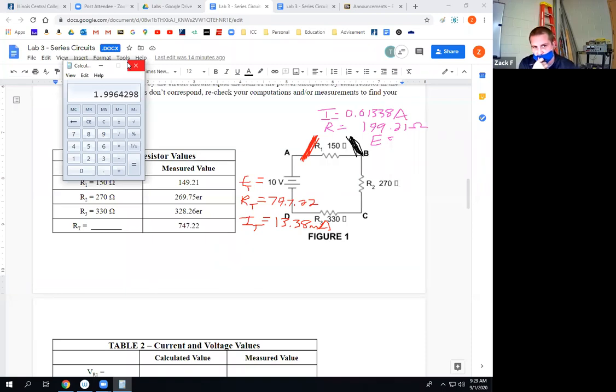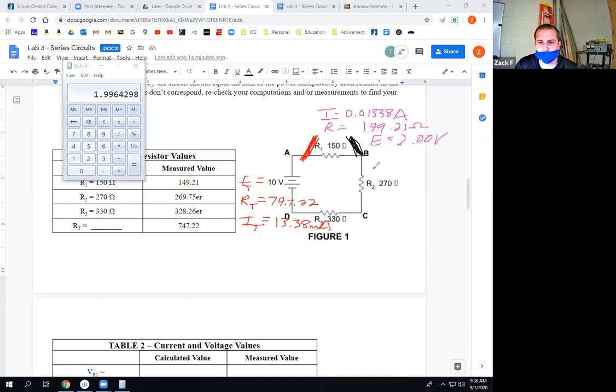Same value, basically 2 volts. Now when I measure across R1, I should see 2 volts.